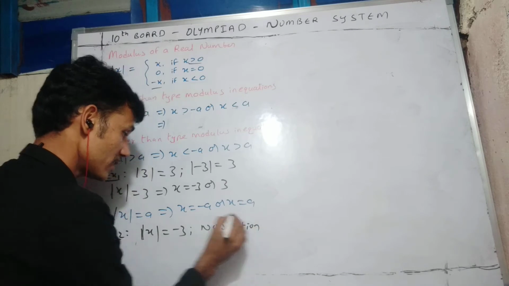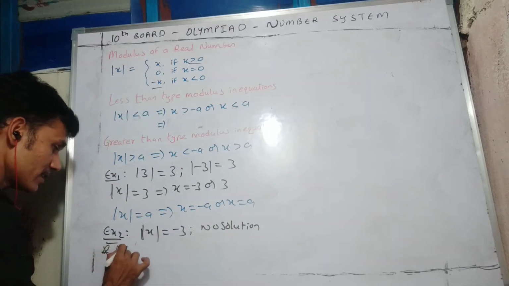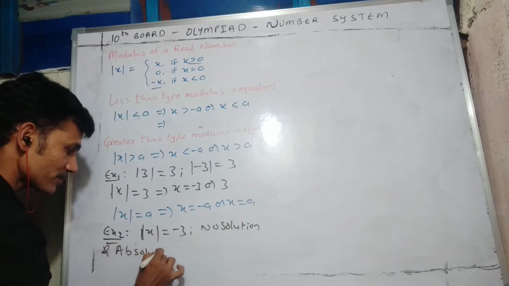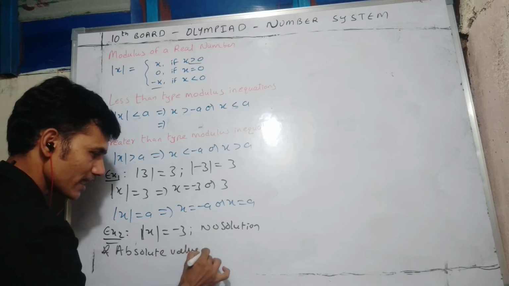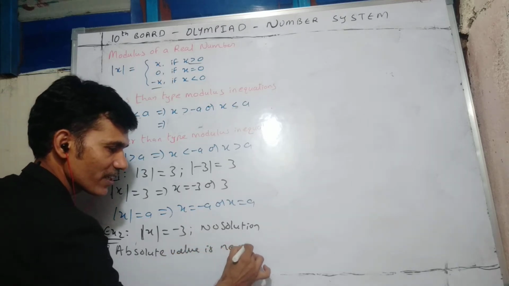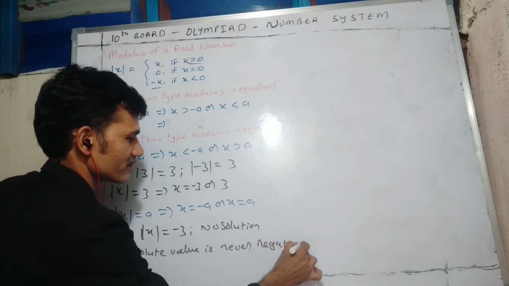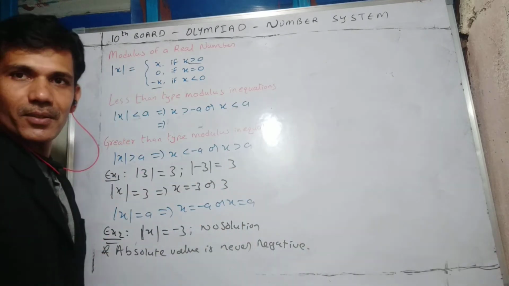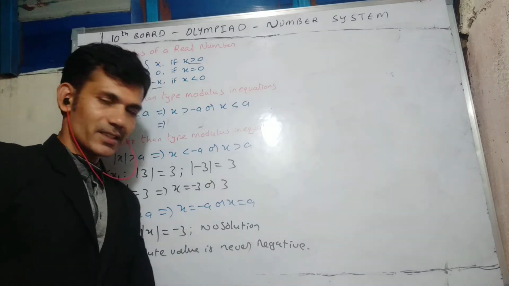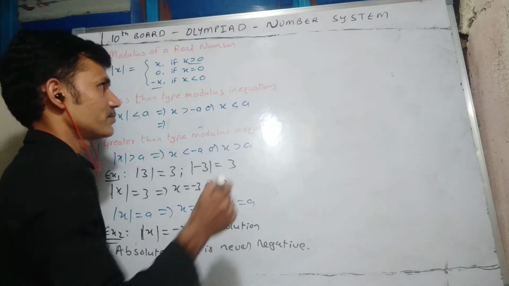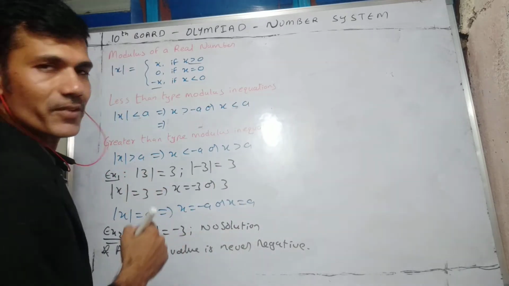What is the reason? The reason is absolute value is never negative. Okay, so these examples will help you to understand about modulus of real numbers.